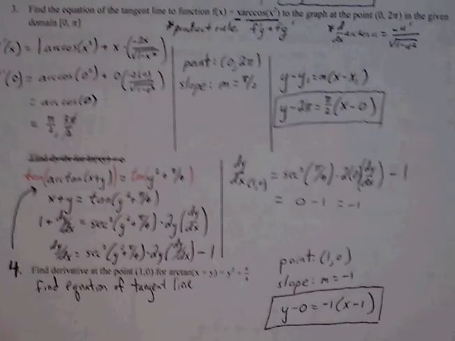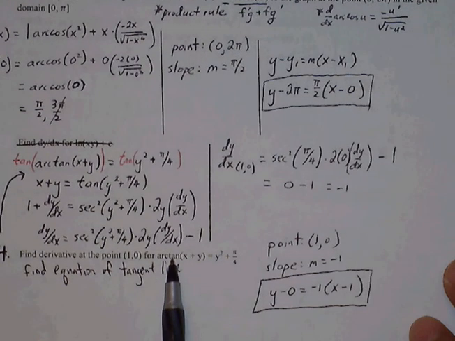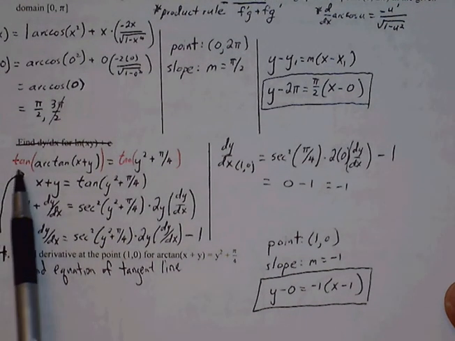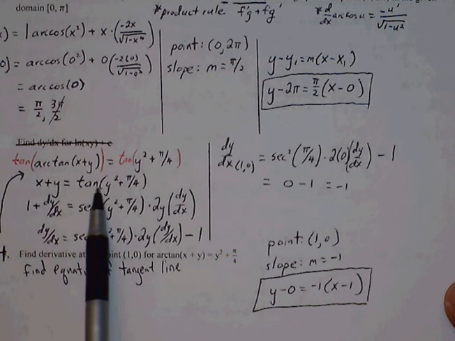So we first start off by taking the tangent of both sides to get the arc tangent to go away. Tangent and arctangent are inverse functions, so they cancel out, leaving us with x plus y equals tangent of y squared plus pi over 4.